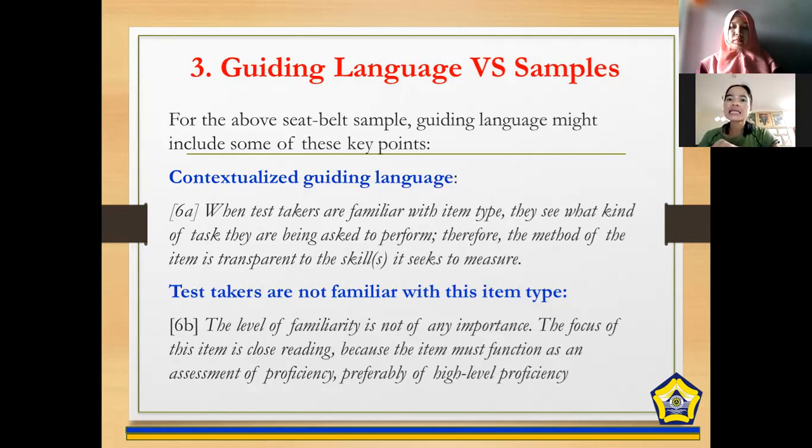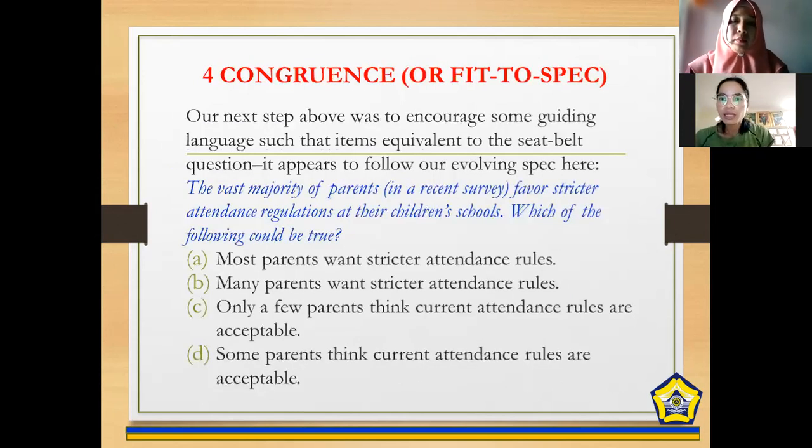However, for test takers who are not familiar with these item types, the level of familiarity is not of any importance, because the focus of this item is close reading. The item must function as an assessment of proficiency, and it preferably requires a high level of proficiency. Next.